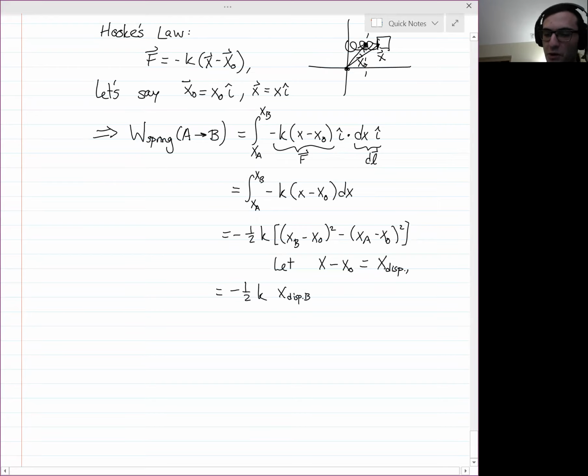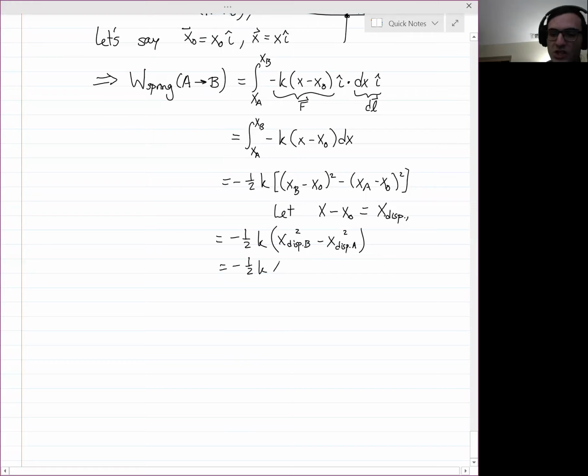That is the displacement distance when the block is at position B and respectively position A. And so that is negative 1/2 k delta (x displacement squared). Notice that the square is inside the delta because you want to square the displacement and then take the difference, not take the difference and then square it. The order matters here.